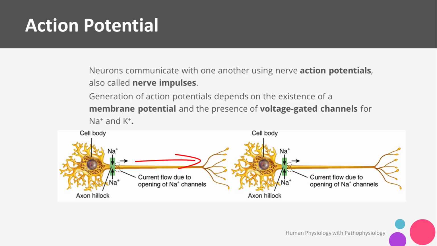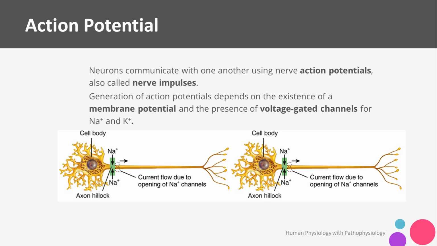The generation of action potentials depends on the existence of a membrane potential and the presence of voltage-gated channels for sodium and potassium. In the previous slides, I mentioned that a graded potential is a temporary localized change in resting membrane potential caused by a stimulus.